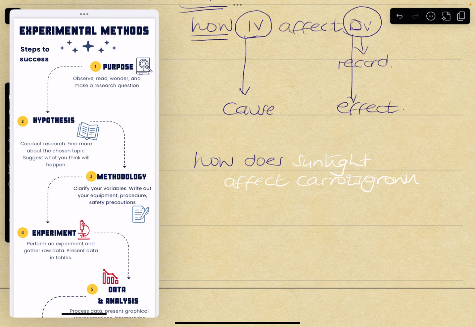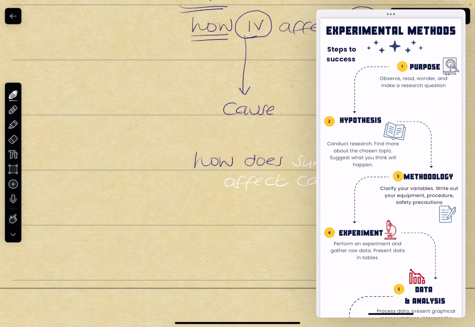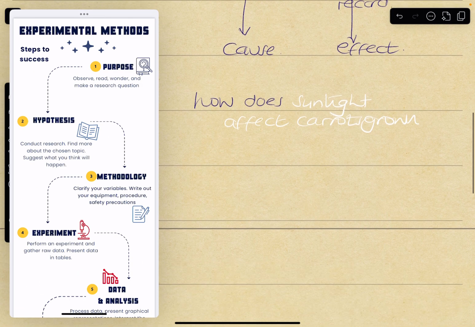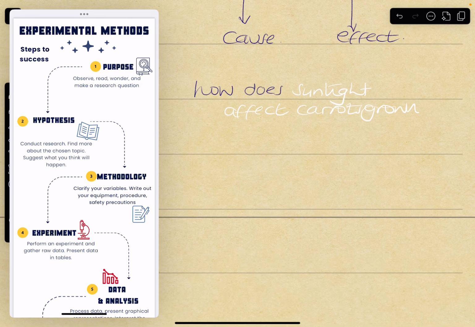Might be something that is slightly lower quality because it's not clear in its explanation of the IV or the DV. How does the number of hours of sunlight affect the mass of carrots grown? Would be elevating that, because you've got a clear independent variable, the number of hours of sunlight, and a clear dependent variable, the mass of the carrots that are grown.